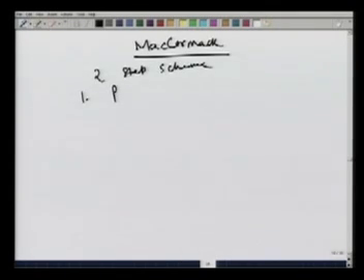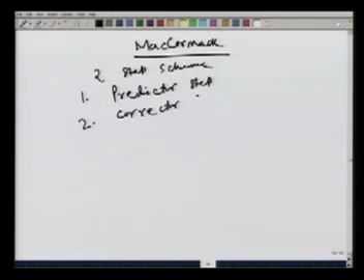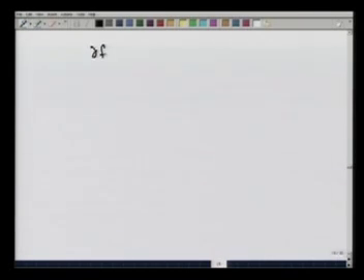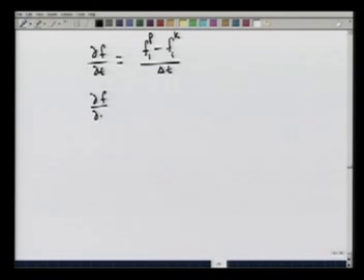One is the predictor step, the other is the corrector step. Okay. In the predictor step, this is calculated by f, let us say p f k I divided by delta t, and we also have the spatial derivative terms which will be in terms of known time level divided by delta x.